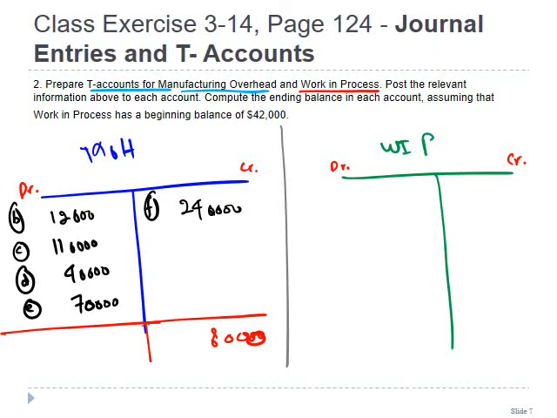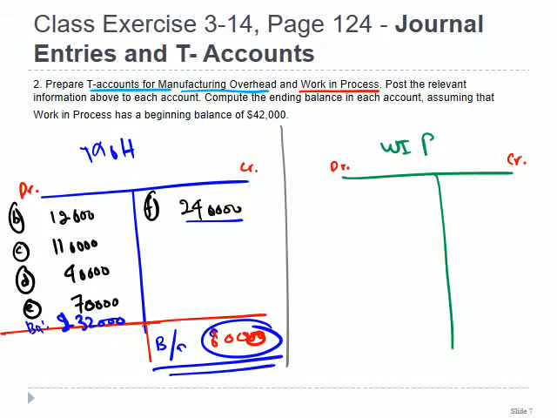Why? Because this amount totals 232,000 and this amount is 240,000. So when we subtract, the balance is 8,000 more. At the end we transfer this balance to the next account here, 8,000. And now let's move towards work in process.